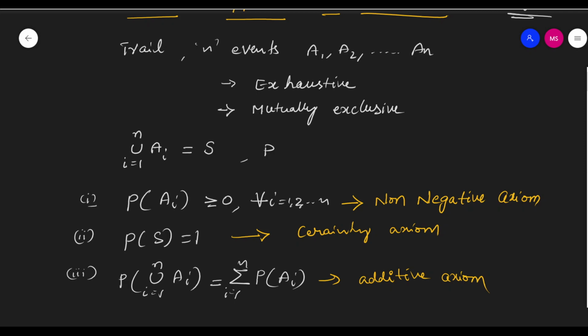The first axiom is the non-negative axiom, P of A greater than or equal to 0. The second axiom is the certainty axiom, P of S is equal to 1. And the third axiom is the additive axiom, P of the union i running 1 to n of Ai is equal to the summation i running 1 to n of P of Ai. This is the axiomatic approach to the definition of probability.